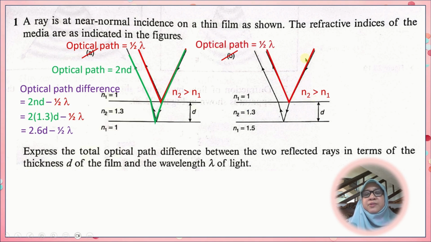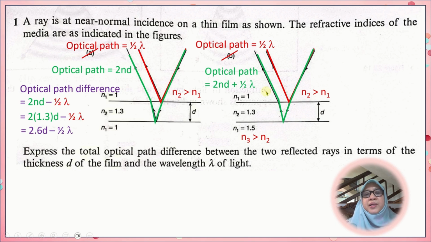So the first ray, when it is reflected at the interface where n2 is larger than n1, the optical path is equal to half lambda. Now the second ray, when it's refracted and then reflected at the second interface, we know n3 is larger than n2, 1.5 is larger than 1.3.